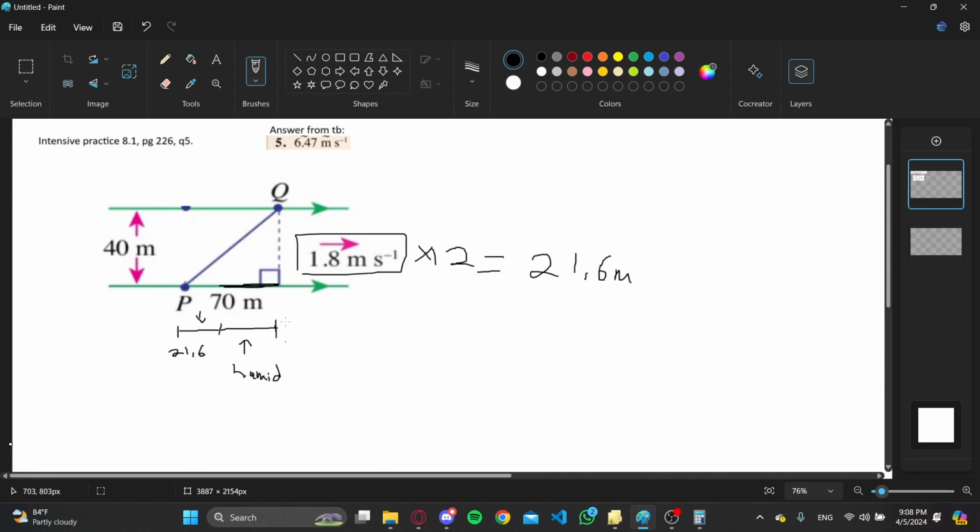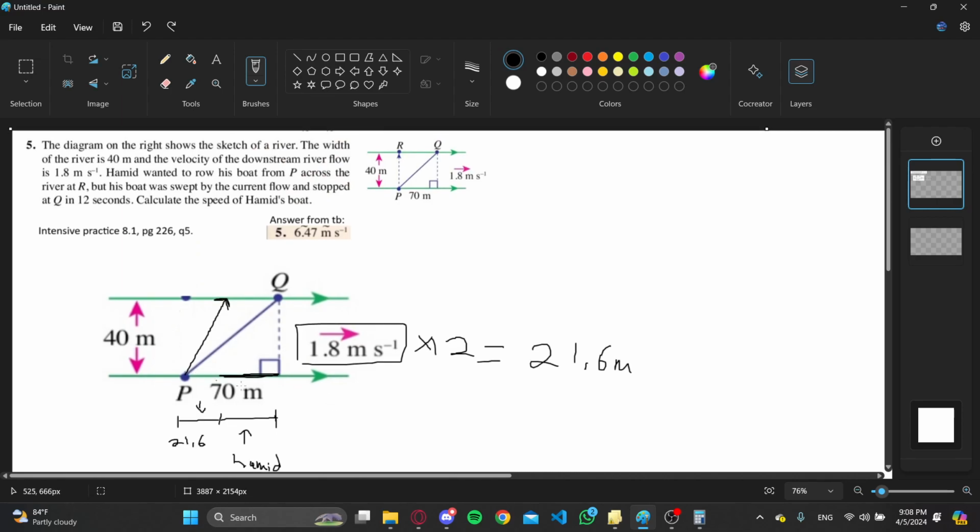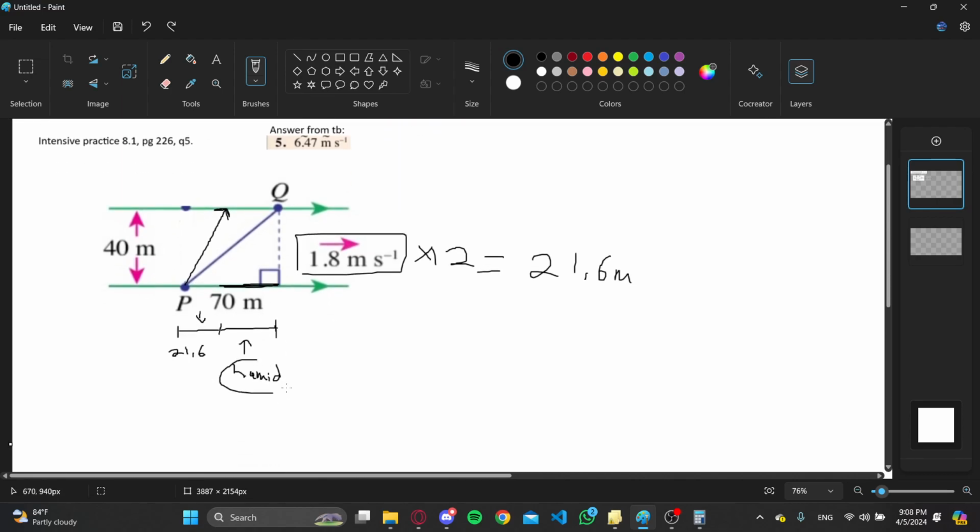This is only for the x-axis. We haven't been talking about the y yet. Oh yeah, the actual vector would probably look something like this. This is his true boat vector. So he travels some amount to the right and some amount upwards. So now we know this is 70 minus 21.6, which is 48.4, right?